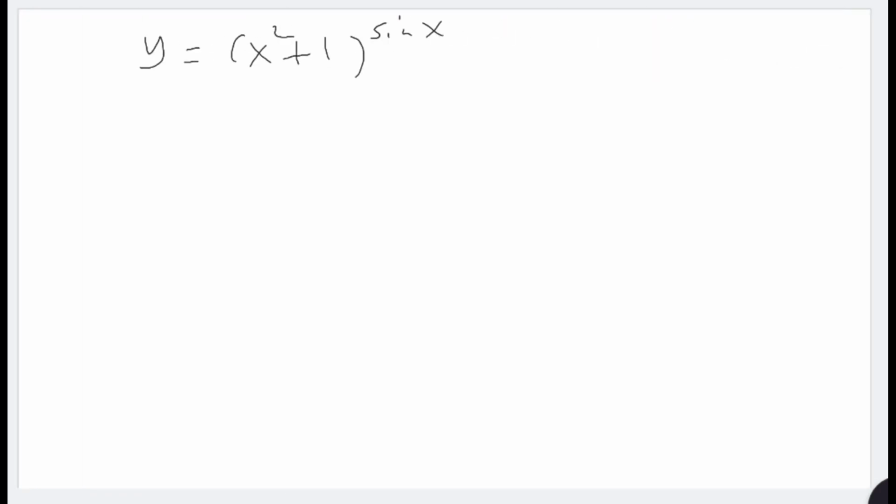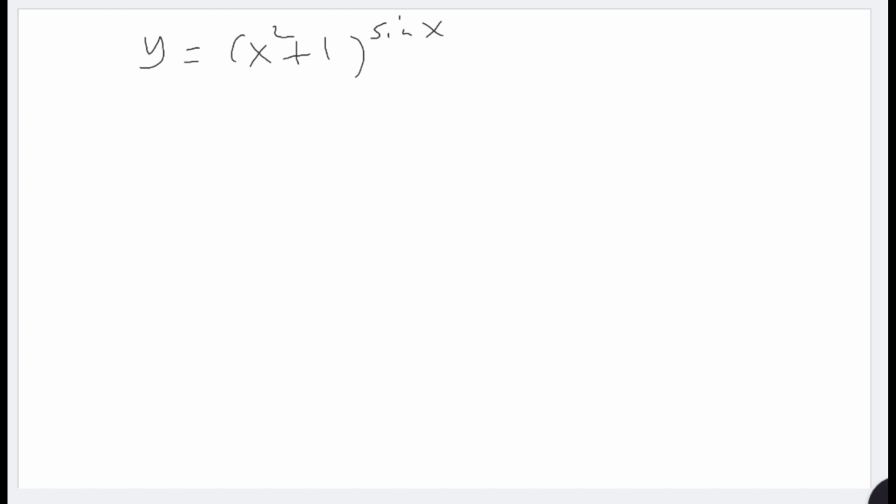Let's see another example. So this time we have x squared plus 1 raised to the power of sine x. This is not a traditional function. There's just no formula whatsoever we can apply to find the derivative of this function. It's not a power. It's not actually a standard traditional exponential.